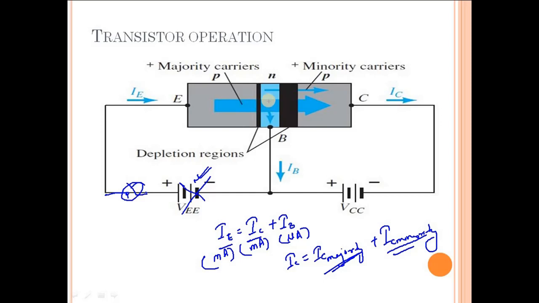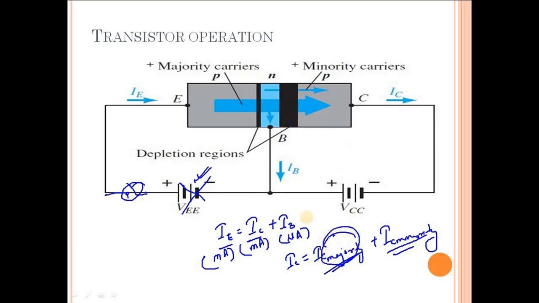After coming here, they are treated as minority charge carriers of this N layer, and the reverse bias of this PN junction causes those minority holes to move from this layer to this layer. Those charge carriers' movement causes a current that contributes to IC majority.